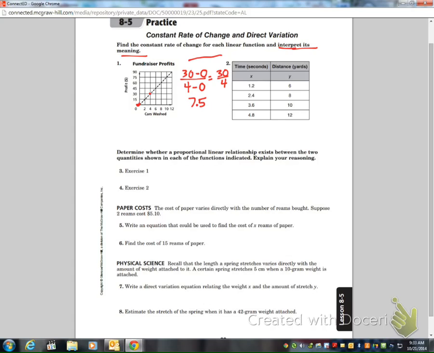All right. That means that the profits off the fundraiser are going to go up by $7.50 for each car that we wash, right? So that's what a constant rate of change means: they're charging every person $7.50 to wash a car, right?